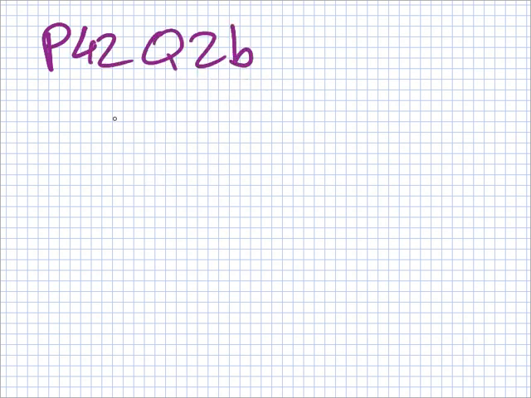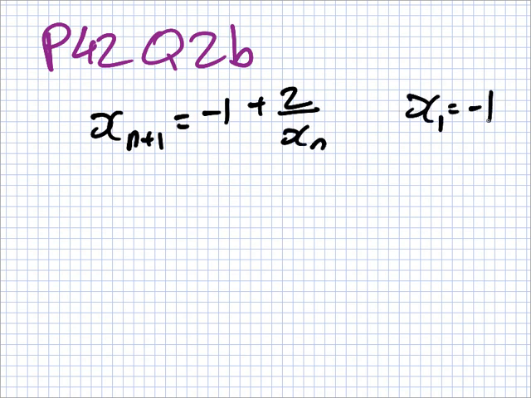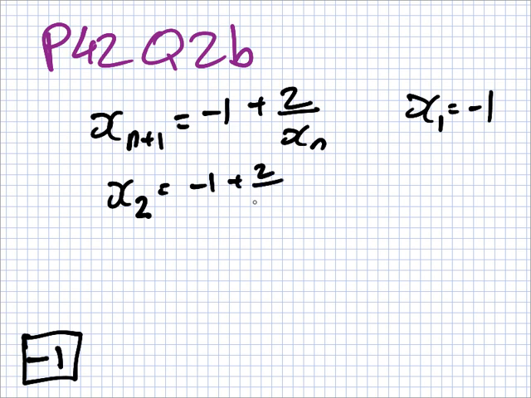Right, so I give you this fella here: x_(n+1) equals minus 1 plus 2 over x_n. And I tell you to start at the number minus 1. So what's my first term in my sequence? It's minus 1. Now, to get the next term according to this formula, x2 will be minus 1 plus 2 over minus 1.